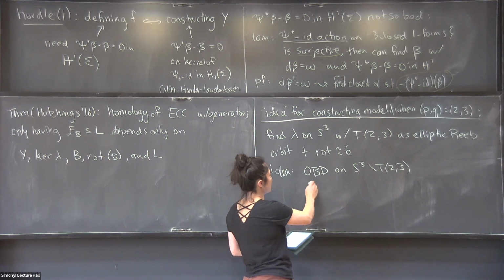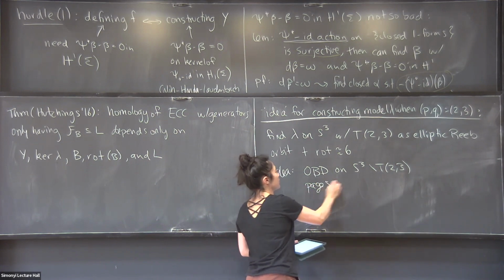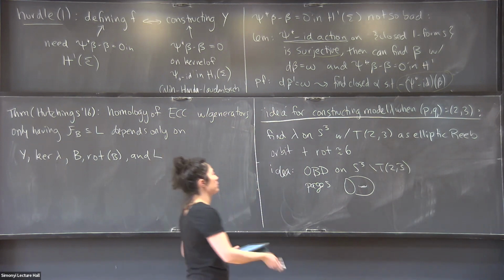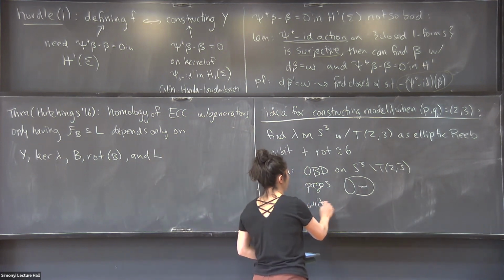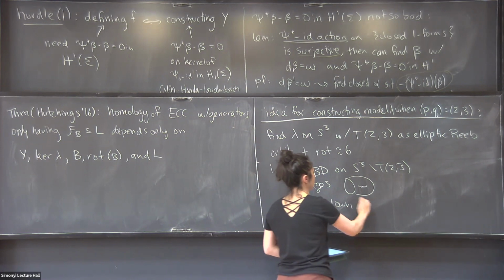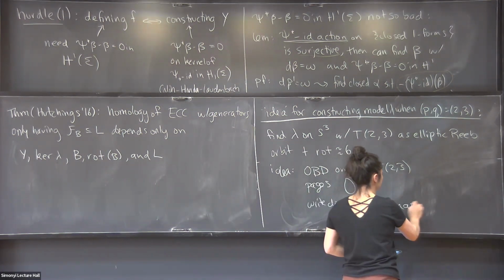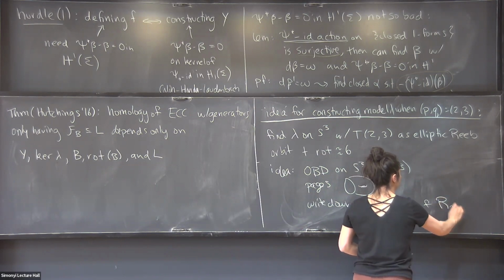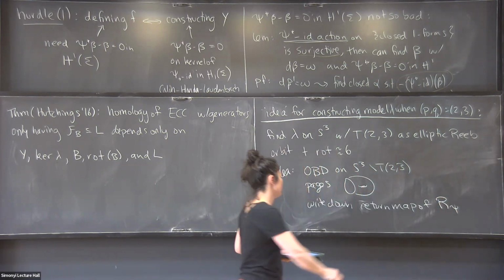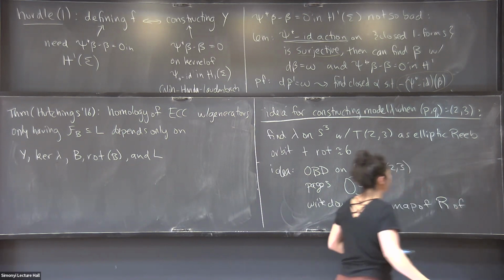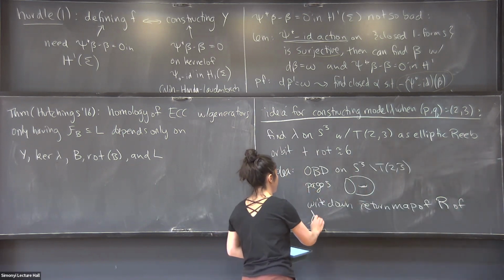Those pages are genus 1 with 1 boundary component. And so what I'm going to write down is a return map of the Reeb vector field of a contact form which is adapted.